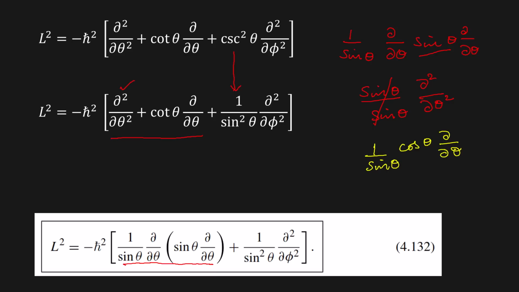So if you divide cos theta by sine theta, you will get cot theta delta over delta theta. So this is the second term. Now you can understand both the equations are equal. If you expand this, you will get the first two terms. So we have proved equation 4.32.